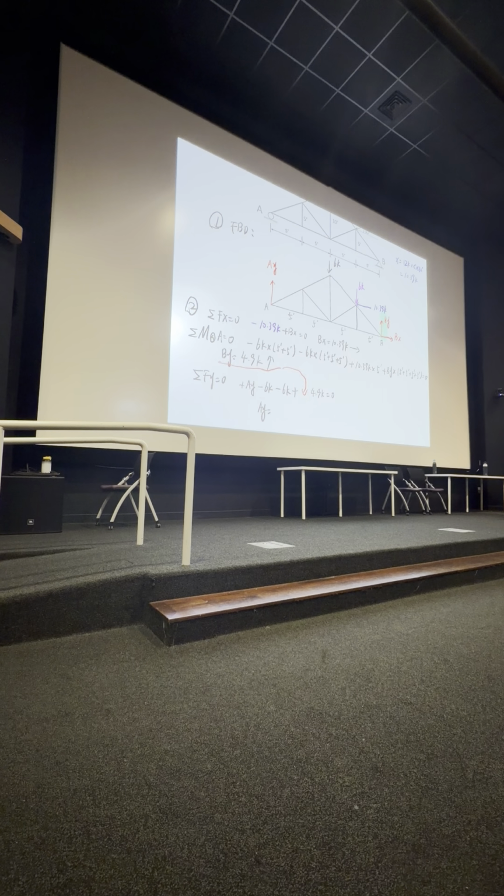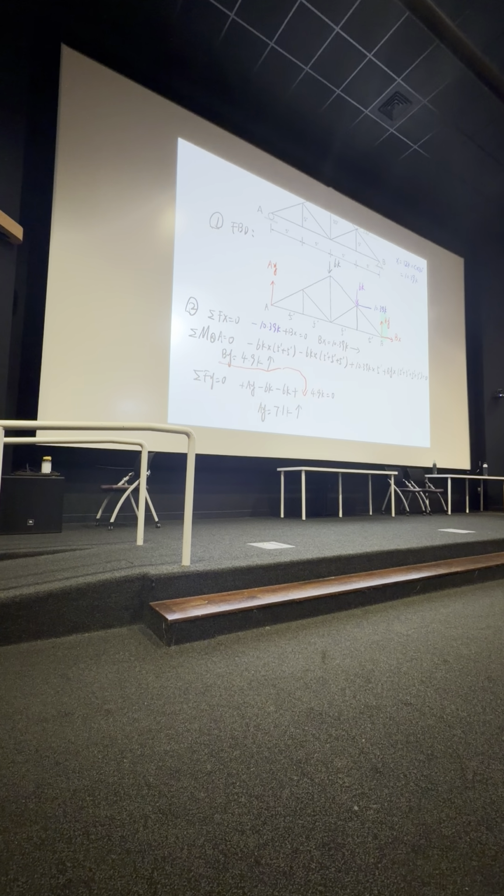You have this By going upwards, plus, because we already got By above here. So you plug the number into this equation, plus 4.9K equal to 0. So you got Ay equals 7.1K going up.